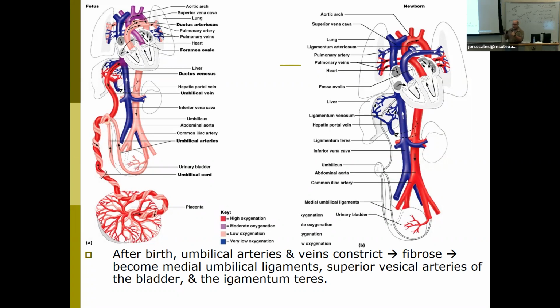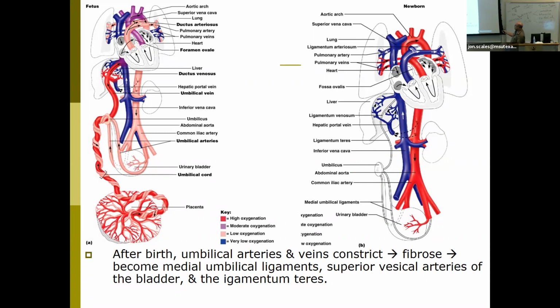So that all pushes that valve, that foramen ovale, closed. It doesn't seal it, it pushes it closed. And in some people, it doesn't quite close, and that can be known as a congenital murmur, where you have some flow from one chamber to the other chamber.